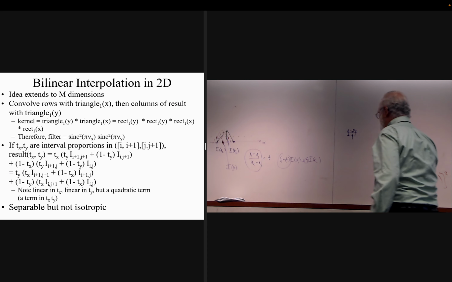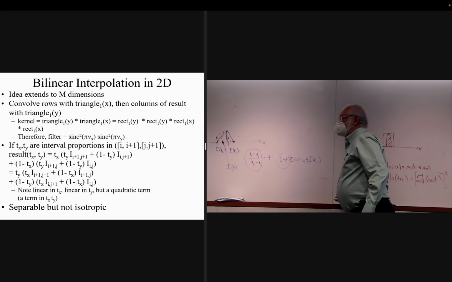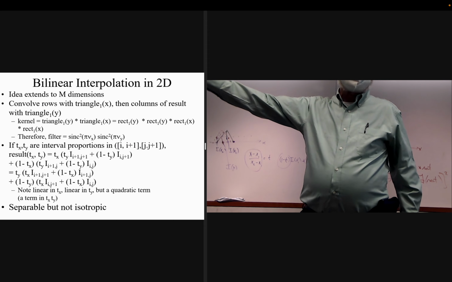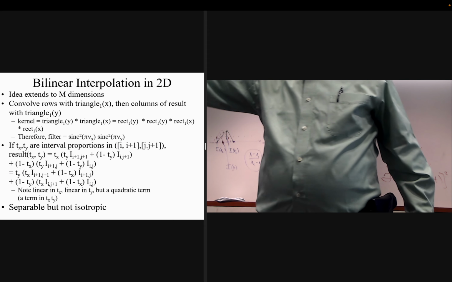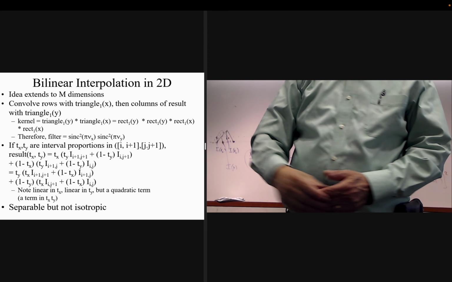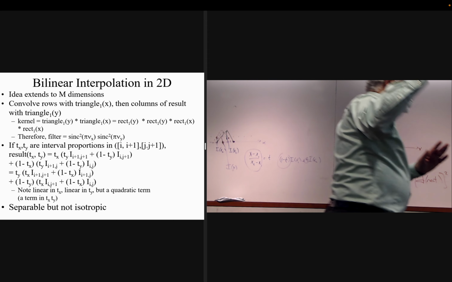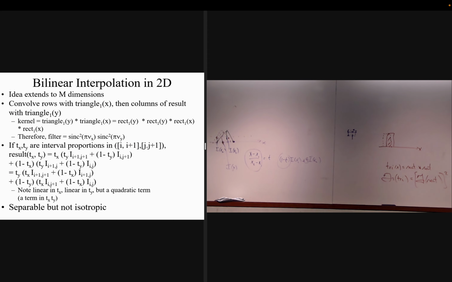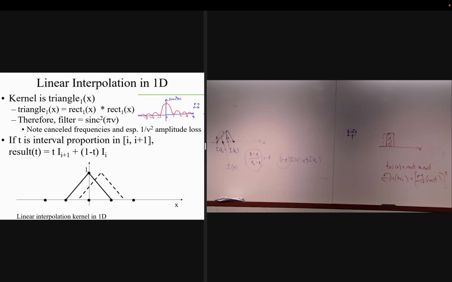Anyway, so look, the point then is that since this is separable, we can talk about a convolution in the x direction and a convolution in the y direction, and each one of them has this damping in x frequency and y frequency respectively that looks like this thing in the upper right. Right?